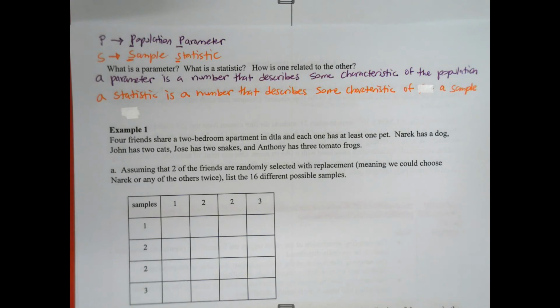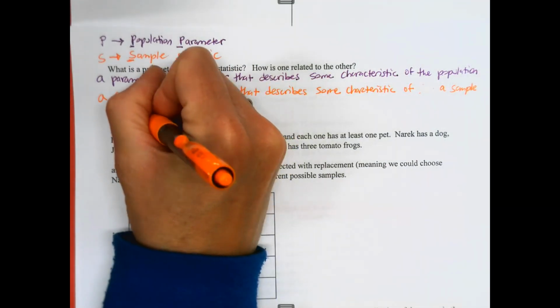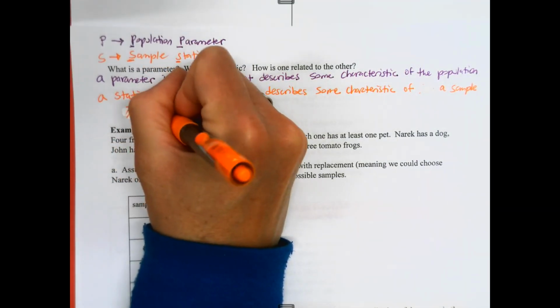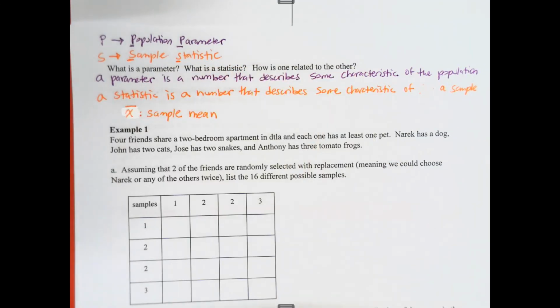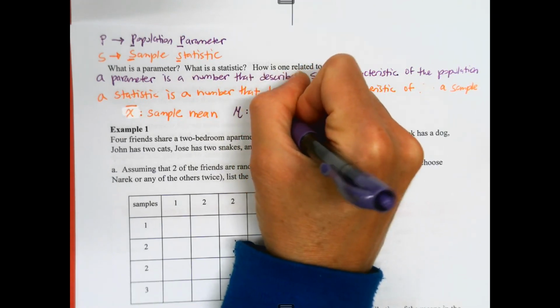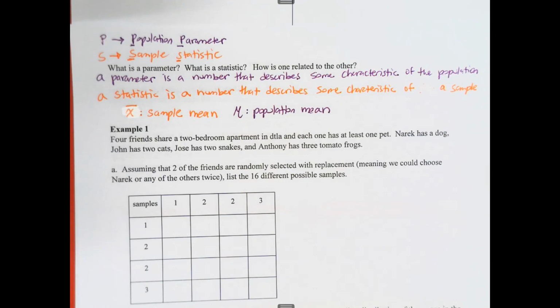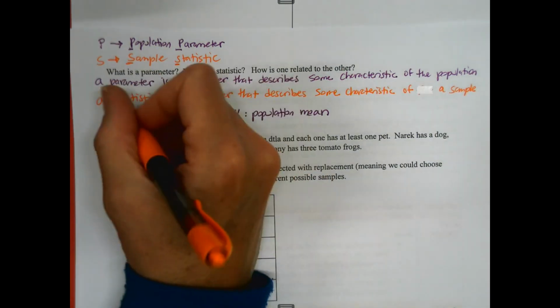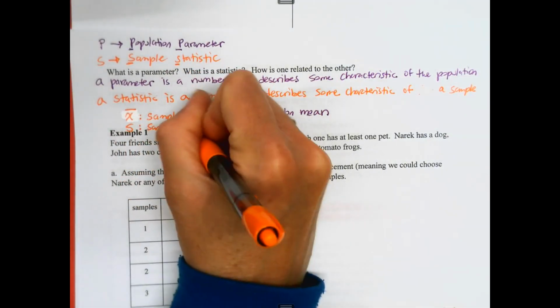And you have seen many of these. We have talked about X bar, which is the sample mean. And we have also talked about mu, which is the population mean. Another example would be S, which is our sample standard deviation.